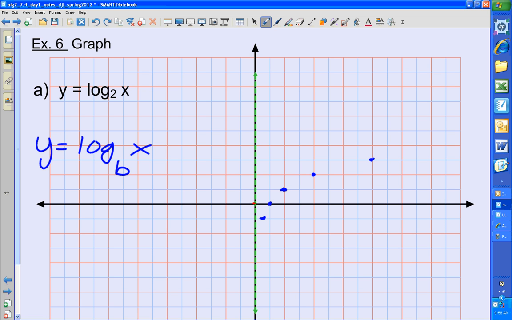And that gives you a much better impression of how this graph is going to look. So you're putting in a value for y, for example, 3. The definition of a log says 2 to the y. Correct.